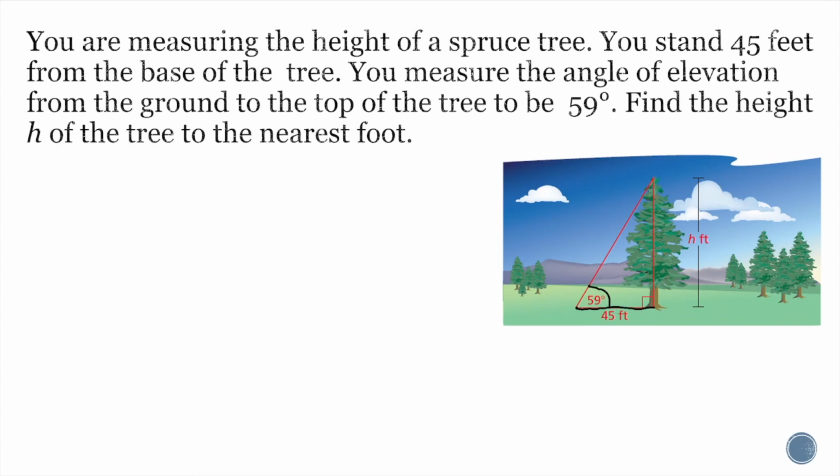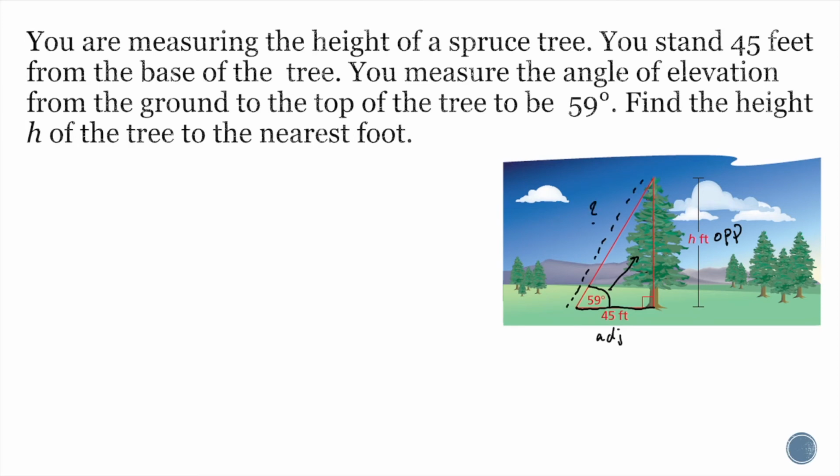Which trig function can I use to find the opposite side, which is the height, and uses the adjacent? The reason why I can't use the hypotenuse is because I do not know this length.